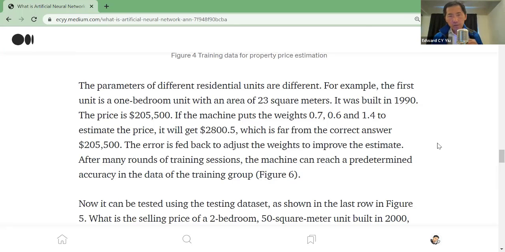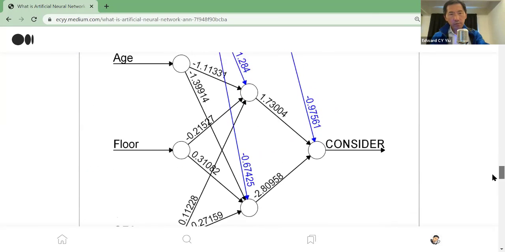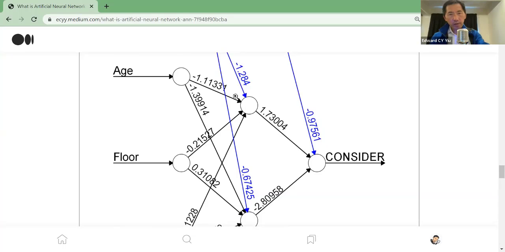And after a numerous number of training sessions, the machine will come up with some kind of weightings for each of the parameters. So just like what we have done in this diagram, the 3 parameters will be connected from the input layer to the hidden layer with the weights, and then the hidden layer connected to the output layer, which is a single prediction outcome. That's the consideration for house price.